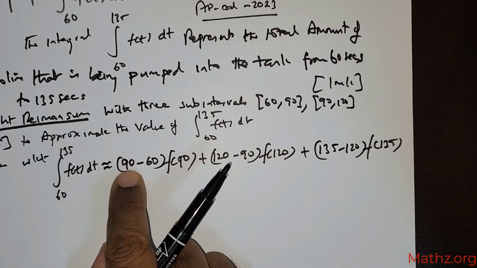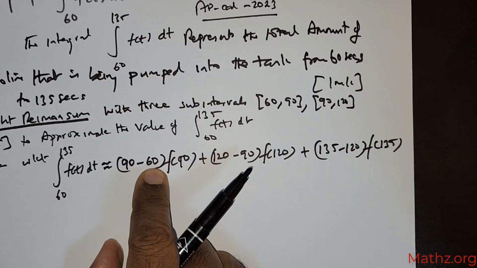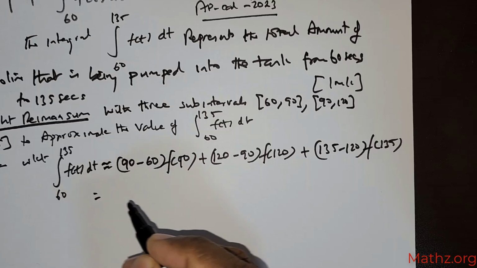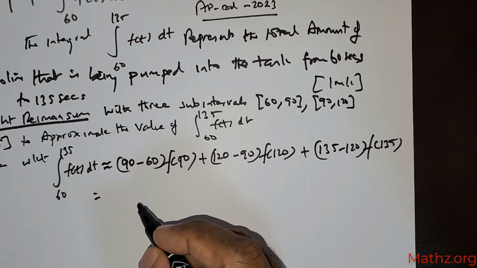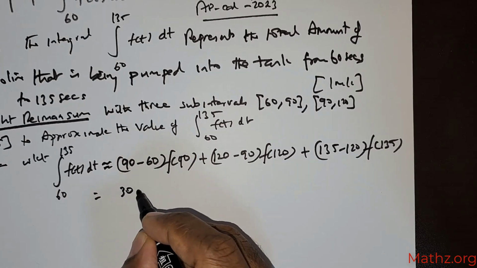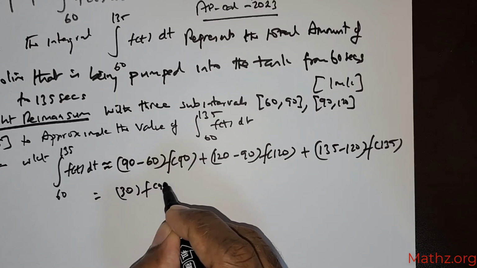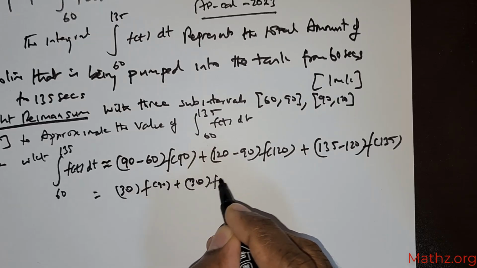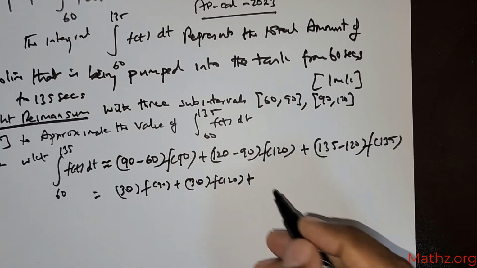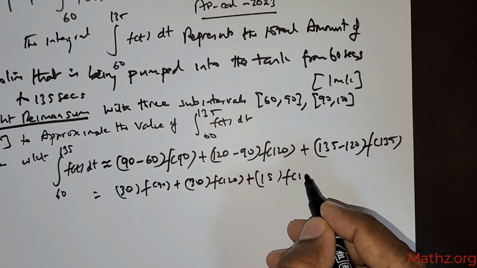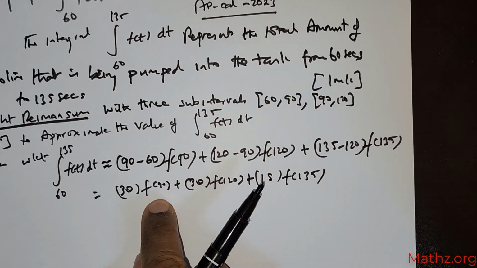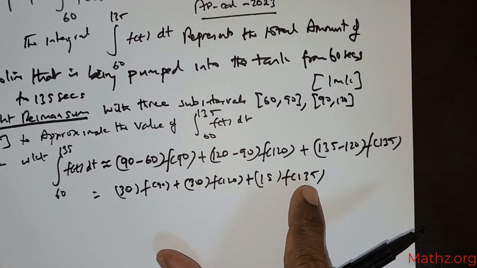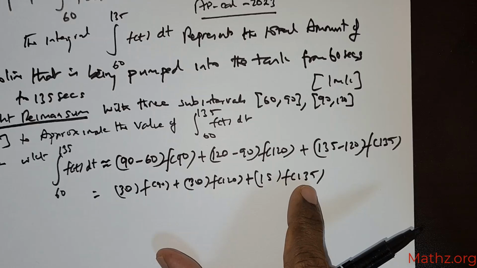After which you have to subtract 90 minus 60. You can place that value there, and this is going to be 30 times f of 90, plus 30 times f of 120, plus 15 times f of 135. Now f of 90, f of 120, f of 135 are actually provided in the question.